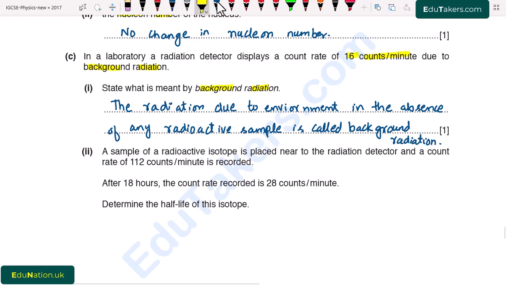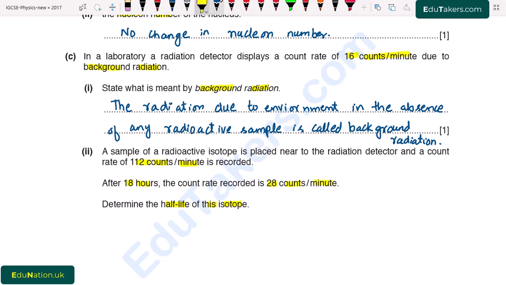Part 2. A sample of radioactive isotope is placed near to the radiation detector and a count rate of 112 counts per minute is recorded. After 18 hours, the count rate recorded is 28 counts per minute. Calculate the half-life of this isotope. First of all, the background count rate is 16 counts per minute.